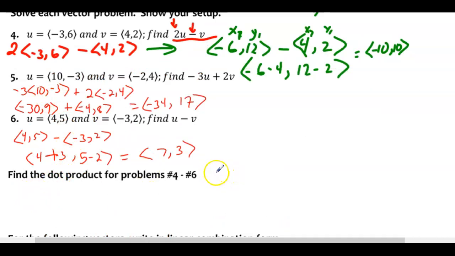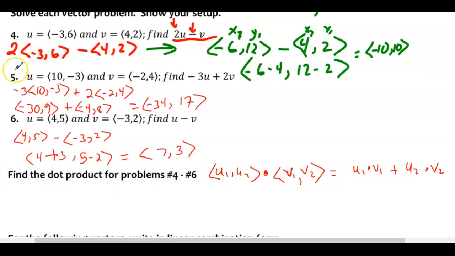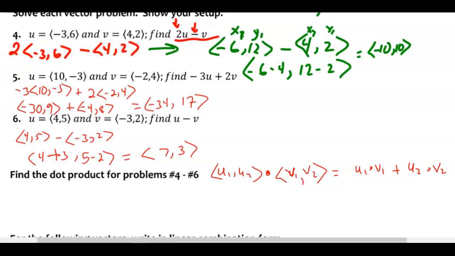When you have vector u, I'm going to say u1 and u2, and vector v1 and v2, the dot product is u1 times v1 plus u2 times v2. That's the rule. We're going to apply it to all our vectors.